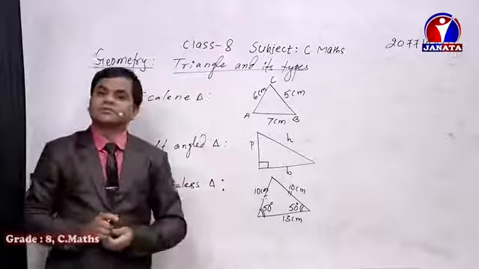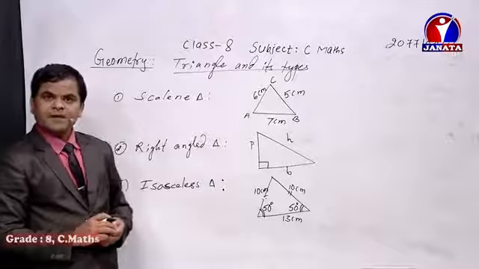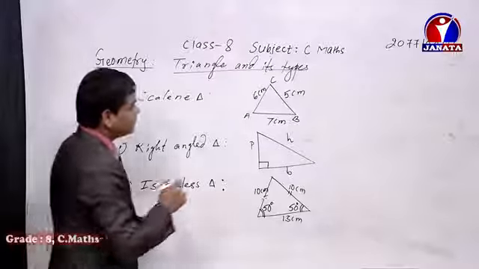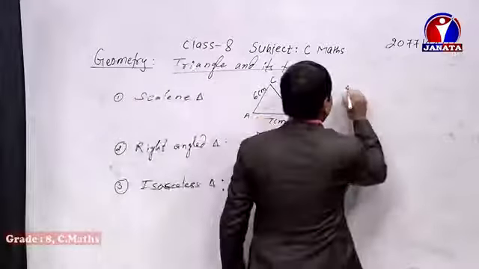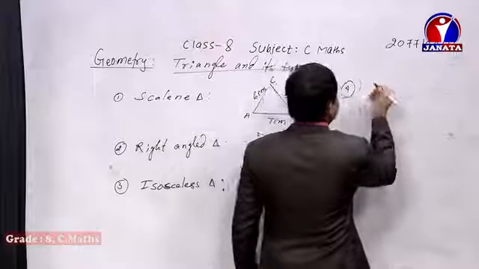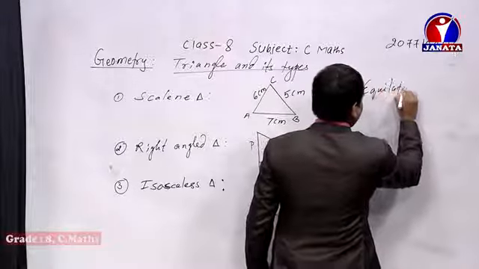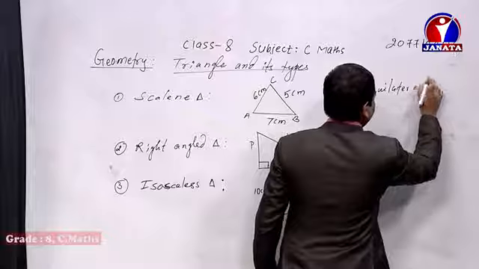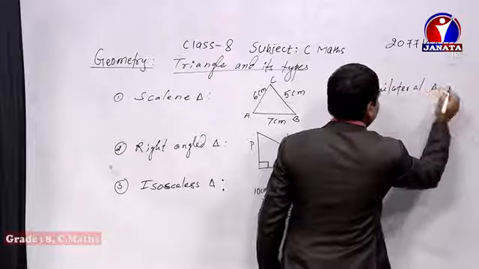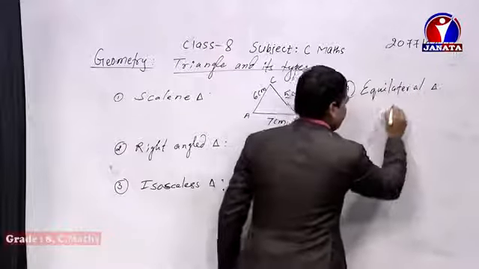That type of triangle is altogether what we call an isosceles triangle. Now, dear students, let's focus on another one. The last one is equilateral triangle.